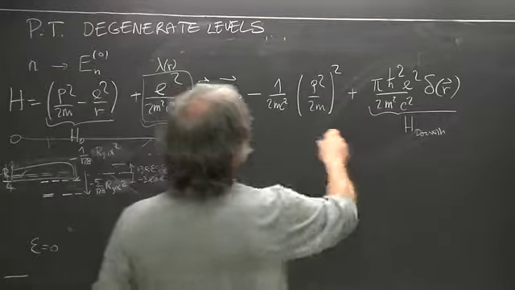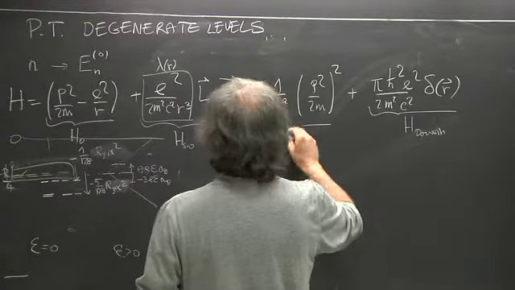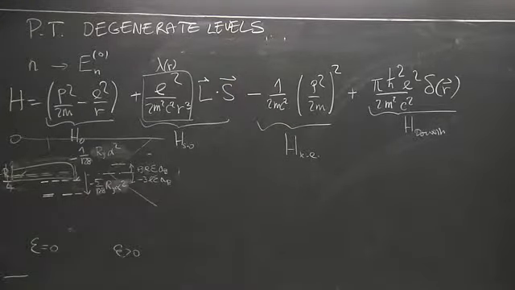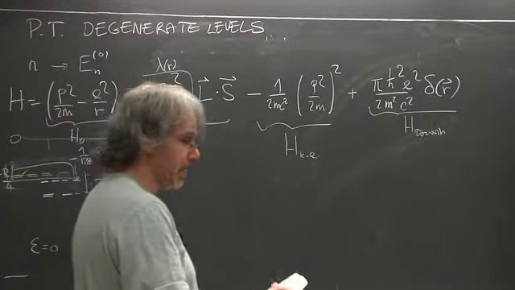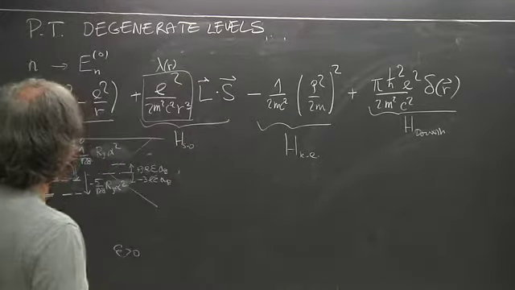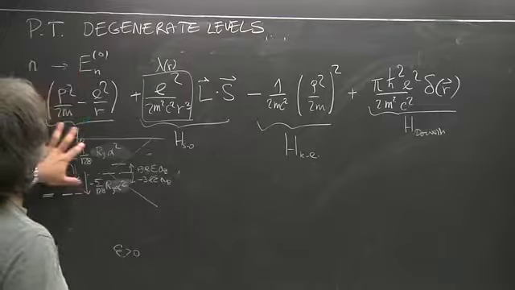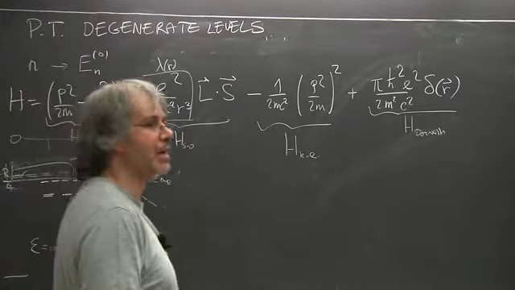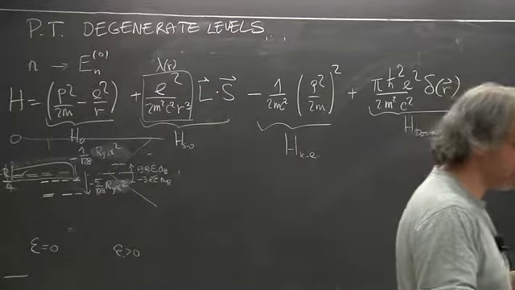So this is the Darwin term, and this is the kinetic energy correction. Three terms. All these three terms are of the same order of magnitude. We estimated last time they are smaller than the Rydberg, which is the scale of this problem, by a factor that is the fine structure constant alpha squared.